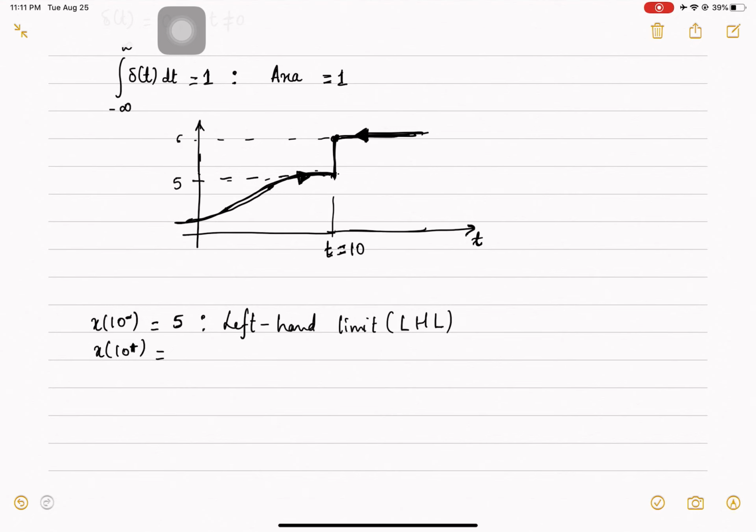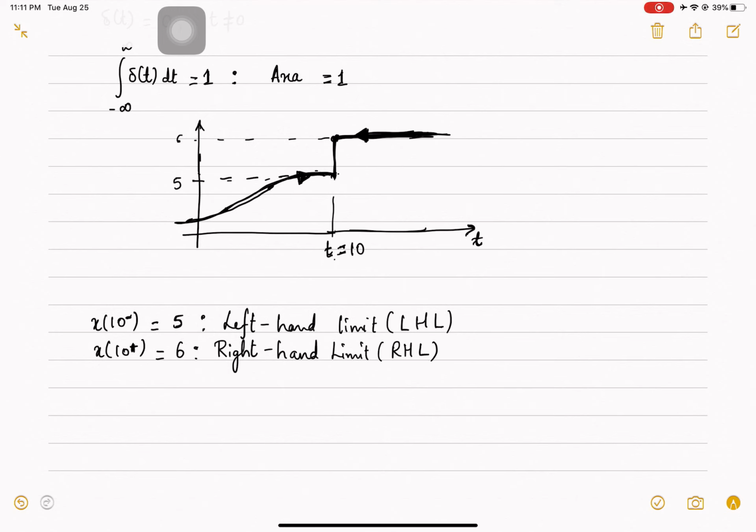As I approach the point t equal to 10 along the function, along this path, I am approaching the value of 6. This is called the right hand limit of the function at the point t equal to 10, in short RHL.